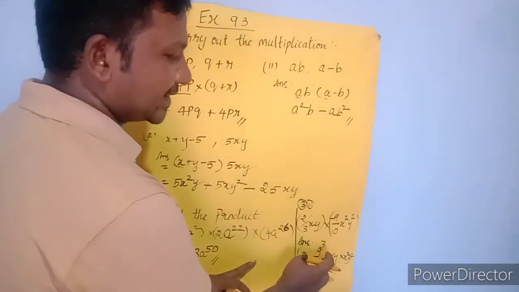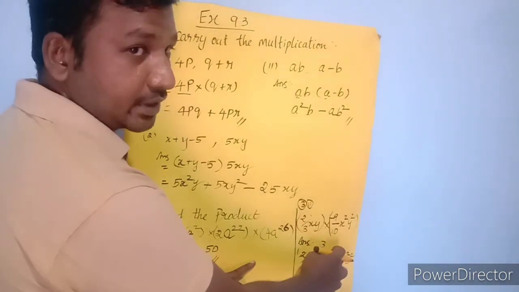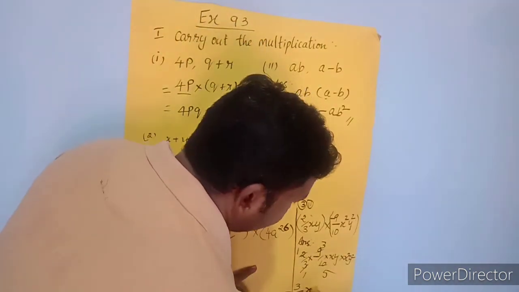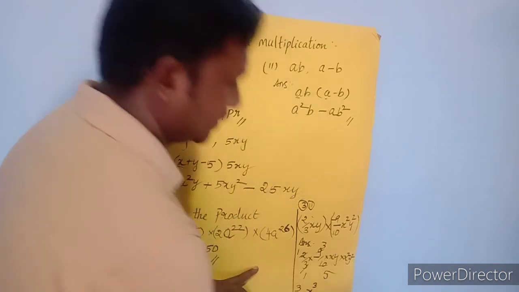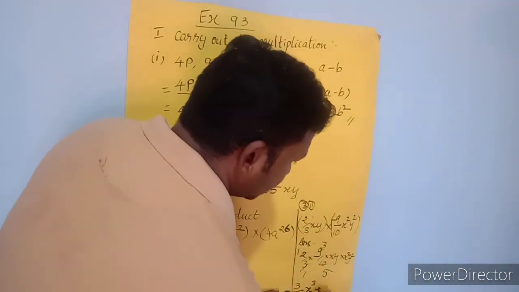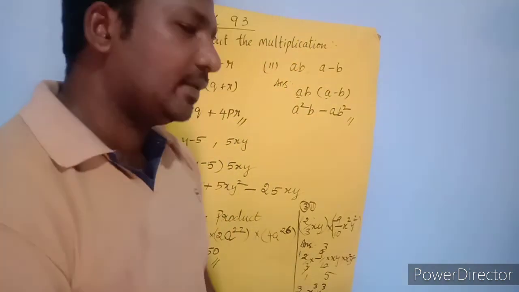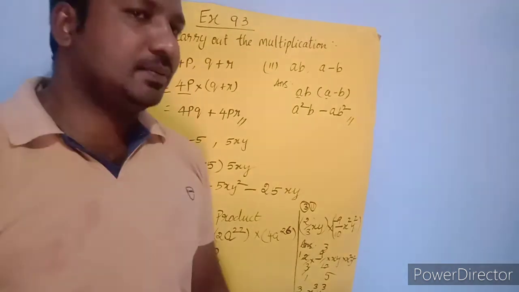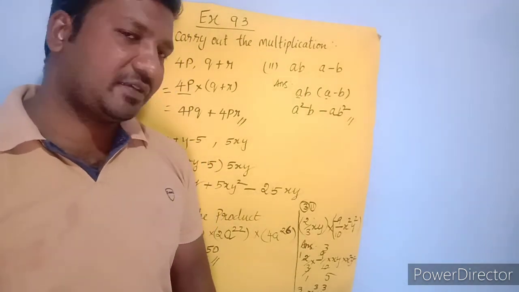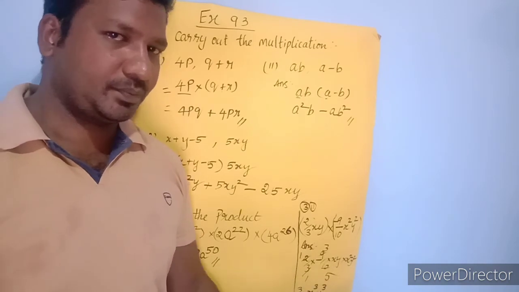So x multiplied by x squared, x power 3, x cube, and y into y squared, y cube. Whenever we are multiplying these different terms, you have to be very aware of the operators and also the variables.